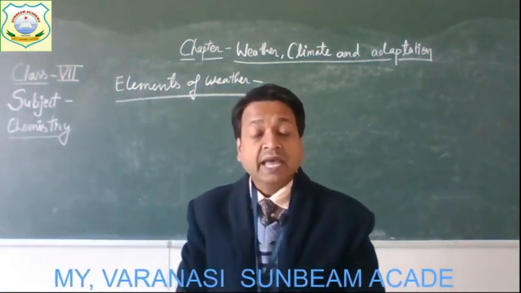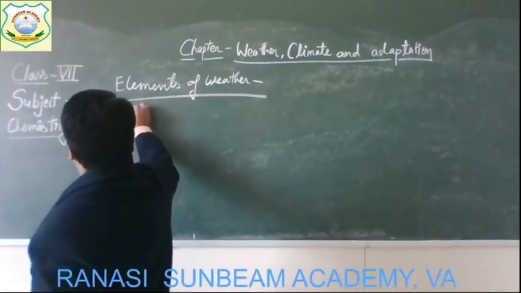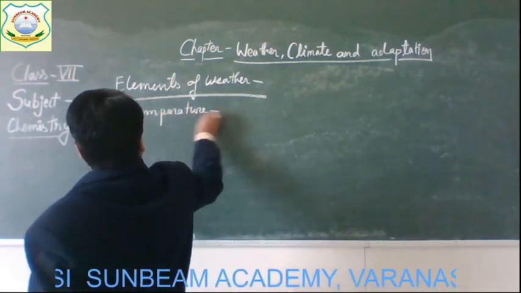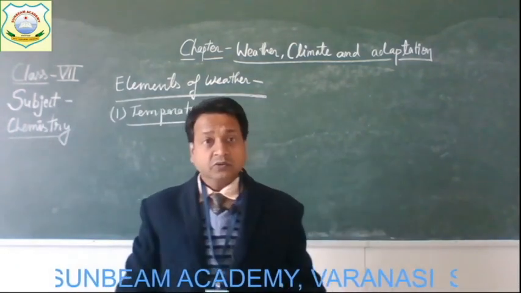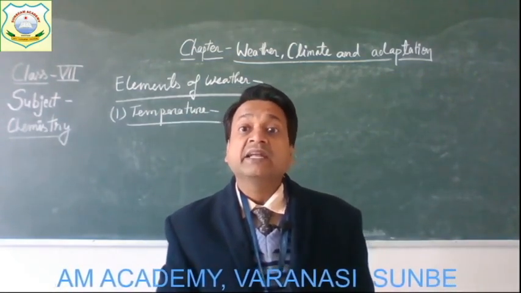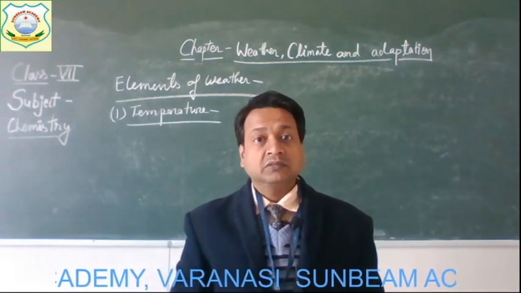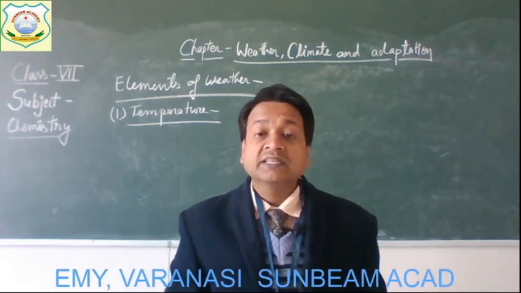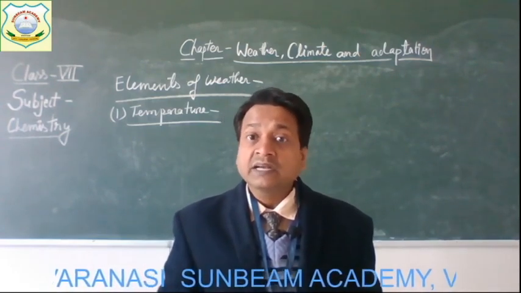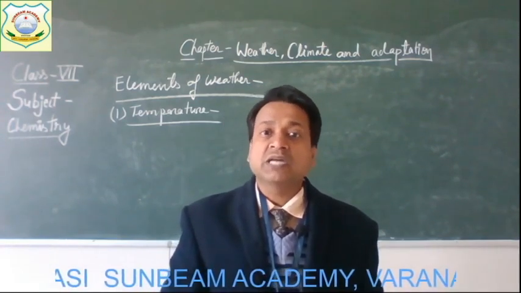The first element is temperature. The maximum temperature of the day at a given place normally occurs in the afternoon, as the earth gets heated by the sun. At night, the sun's rays do not fall at that place, so it cools down.